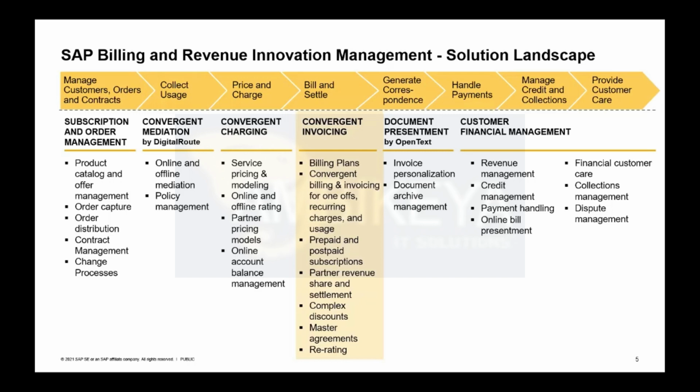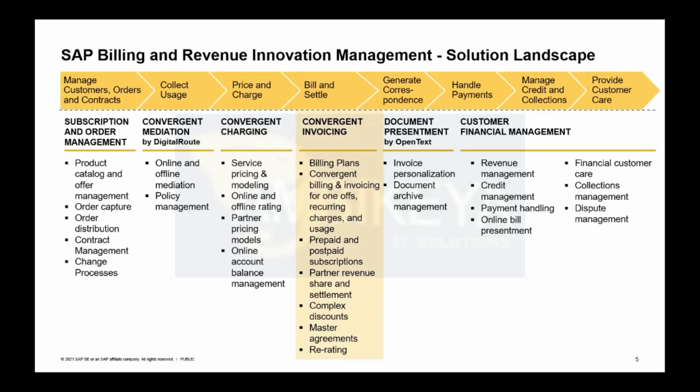The process after the billing and invoicing is then the posting of the receivables on the contract account. We then have revenue management and credit management. A very important part is the payment handling and also online bill presentment.